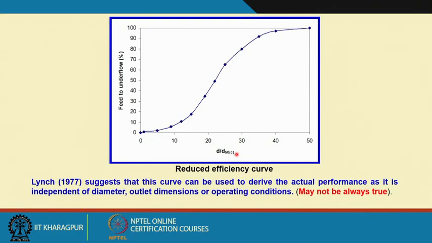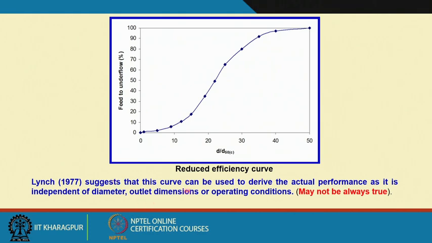Suppose you have a D50c of 22 micrometer, and the size you are trying to plot on the x axis is, say, 10 micrometer. So that is 10 by 22, that is d by D50c. You plot it on the x axis, and on the y axis how much of that particular size you have recovered into the underflow, based on the corrected efficiency curve concept.